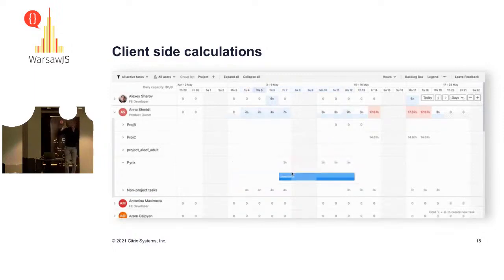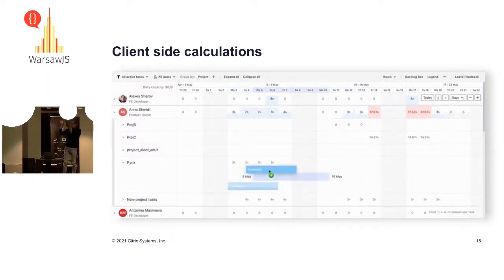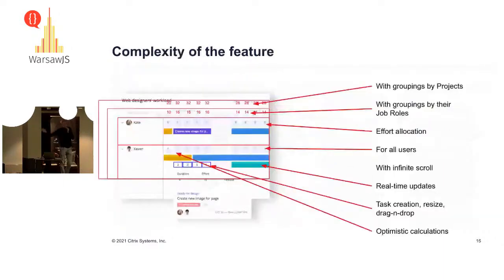So we have to recalculate work schedules according to weekends, according to all PTOs, the whole work schedules. So we started thinking about whether we should drop some optimistic recalculations. And then again, back to the slide: this is crazy. What could go wrong with this setup, right?